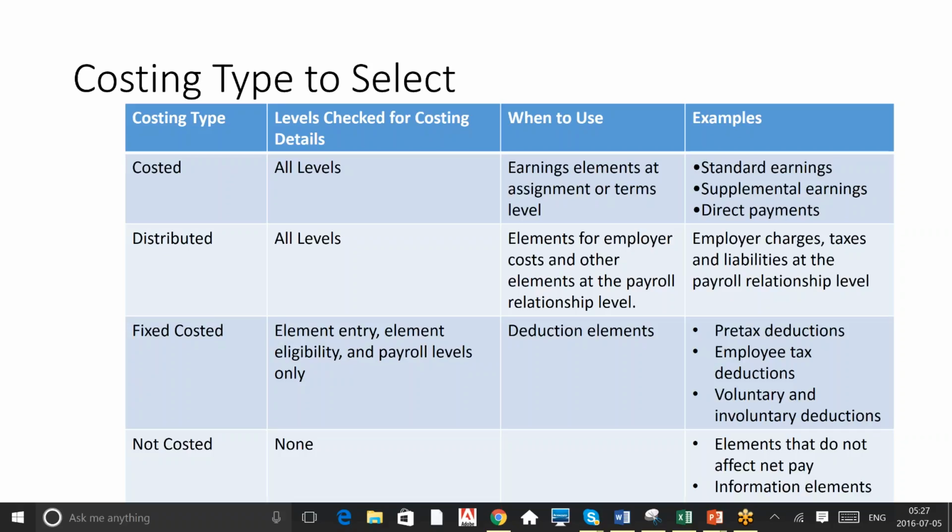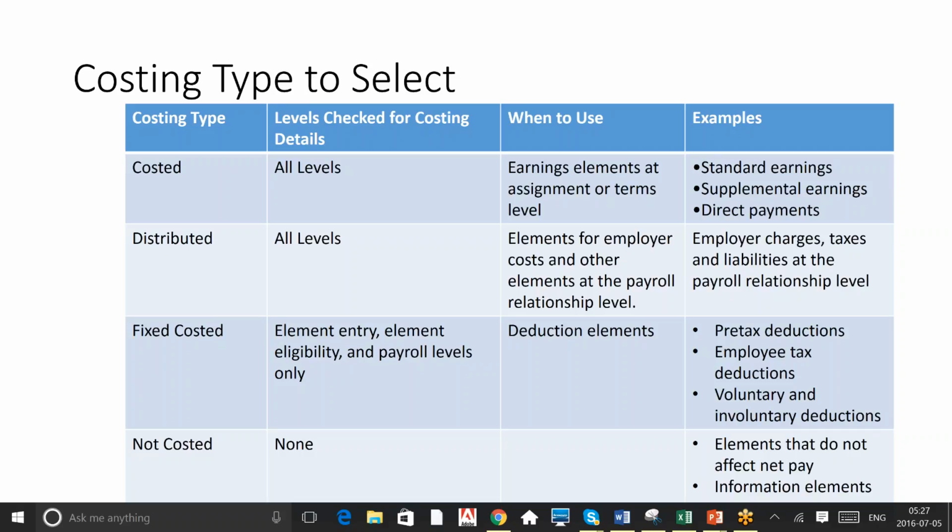For example, information elements, we don't need to cost them. So elements that are not affecting your net pay or elements that are not going into your account as monetary payment, you don't need to cost generally. But as I said, there could be some examples where the information elements are costed.